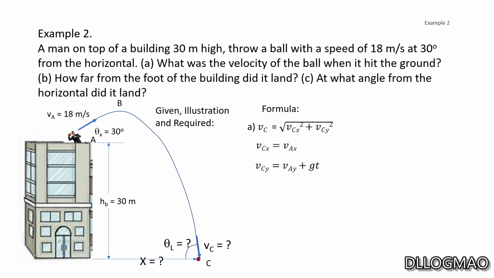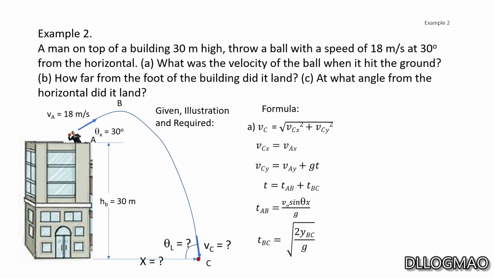So what is the time of travel of the ball? Time of travel, t, is equal to the time from A to B and from B to C. The time to reach the maximum height is t sub AB. The time of travel from B to C is derived from the second equation of kinematics.